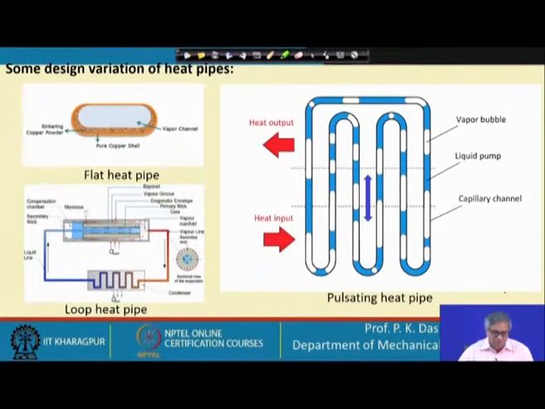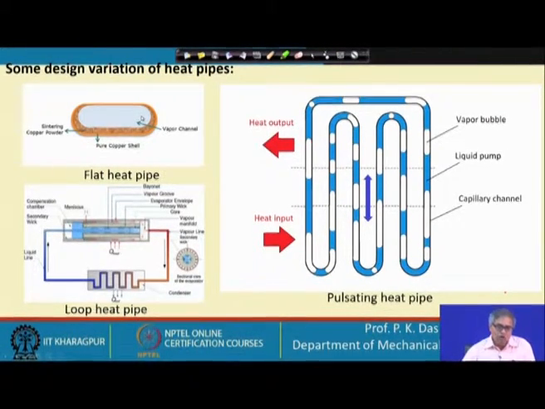The first variation I would like to show is at the left hand top. So, this is some sort of a flat heat pipe. So far the heat pipe has been described as a cylindrical structure with circular cross section. This is also a cylindrical structure, we are seeing only a cross section, but it is a flat pipe.